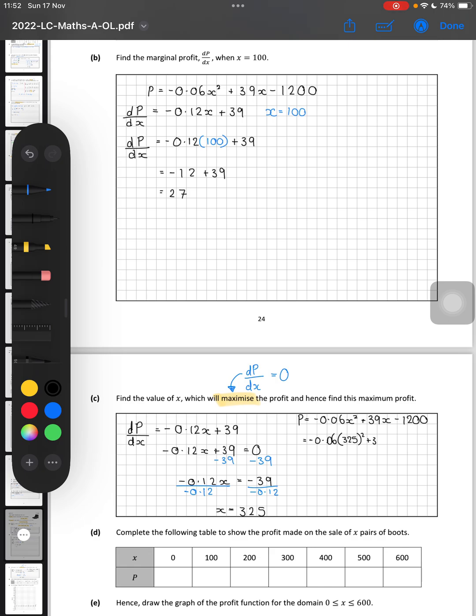So plus 39 by 325 and then minus 1,200. Type it all into your calculator there, and we're going to get that the profit is €5,137.50. So that is my profit. So, there.